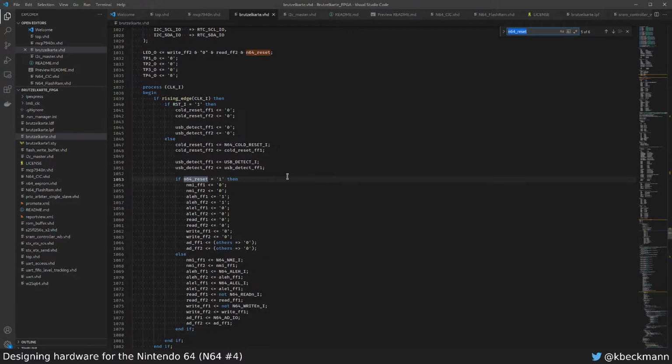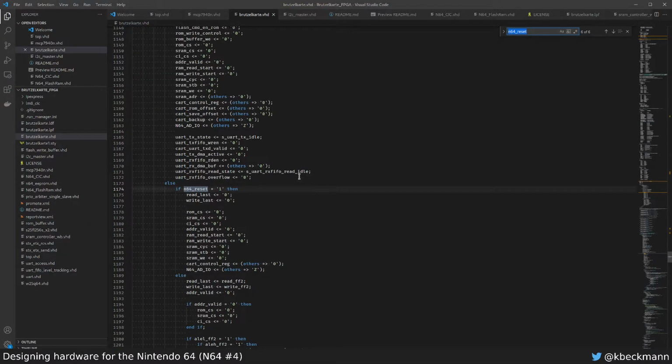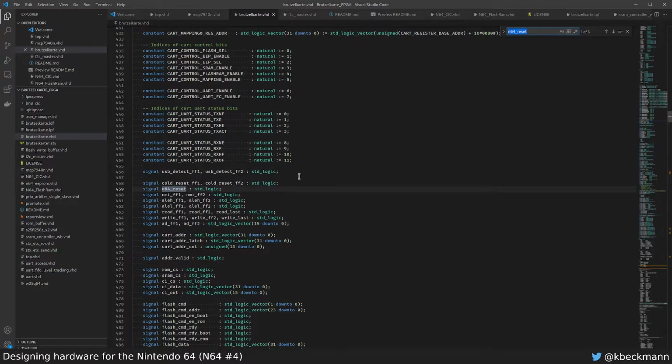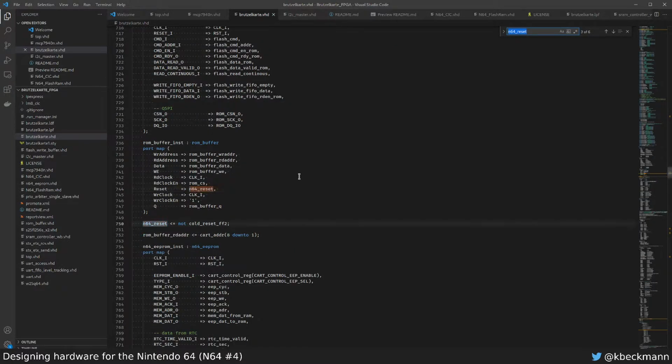So I guess that is sort of a master reset thing, like a global reset, I suppose. Yeah, okay, so I guess it goes high when it boots or something. Anyway, that's interesting to know.